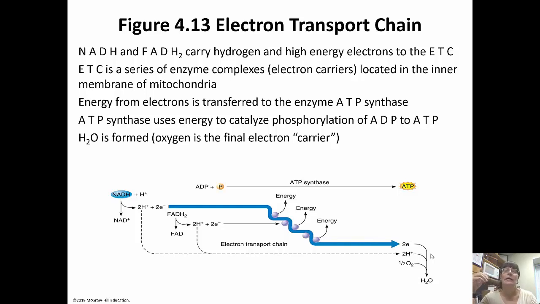So it's going to use that energy to catalyze the phosphorylation of ADP to ATP. Water is going to be formed, and oxygen is the final electron acceptor. So with the electron transport chain, the electrons are basically transferred from complex to complex to complex until it gets to the ATP synthase. And then it's going to fuel the production of ATP from ADP.